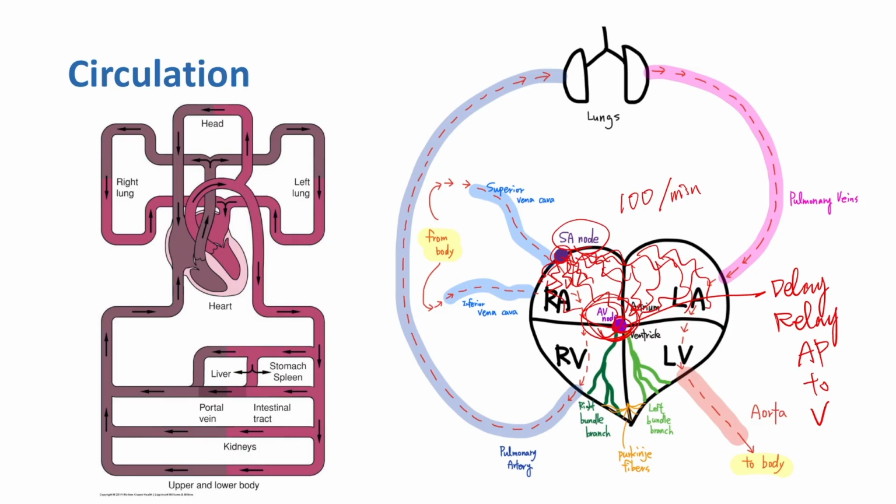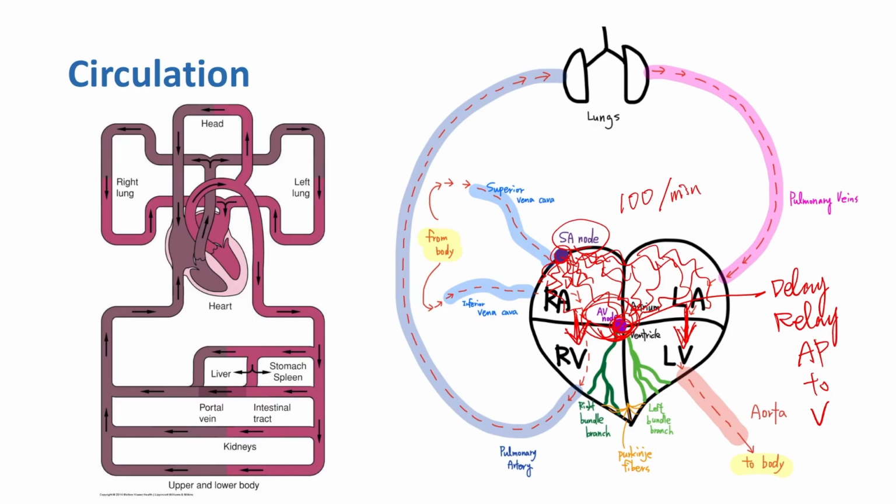I want you to think about the direction of the blood traveling inside your heart. It goes from atriums to ventricles, right? So if you want to do this, you want atriums to contract first, to push the blood to the ventricles, and then ventricles contract later. So that's why your AV node will delay the signal.